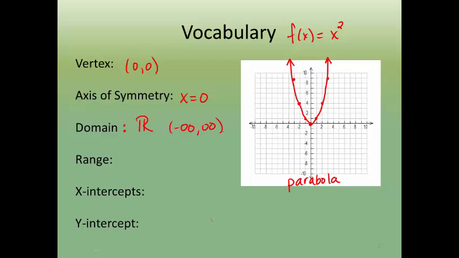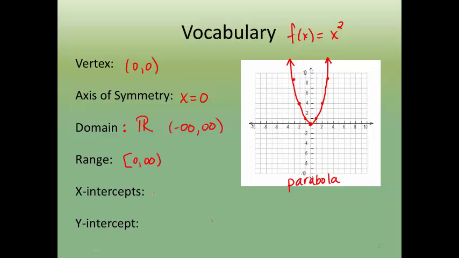And the range. The range in this case, just like the absolute value, comes from the bottom and goes up, or if we flip it over, it's from -infinity up to the top. So we have 0 to +infinity, and we're including the vertex. In this particular case, my x-intercepts, there's only one of them. That x-intercept happens to be the vertex.